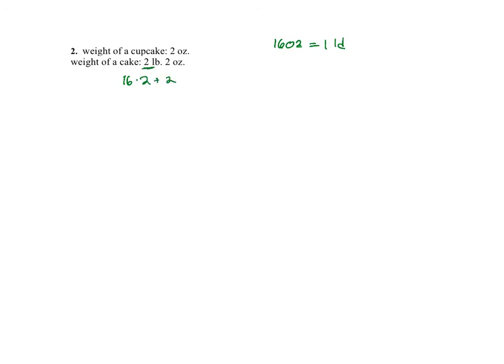So this is 32 plus 2, which is 34 ounces. So 2 ounces to 34 ounces, because we are always comparing the same unit. A ratio does not have a unit.